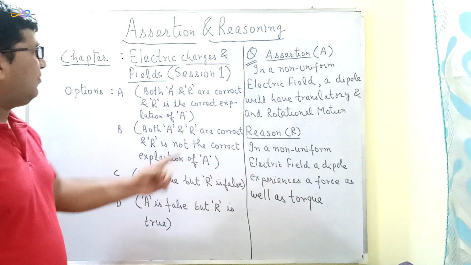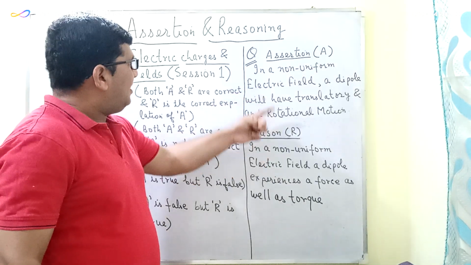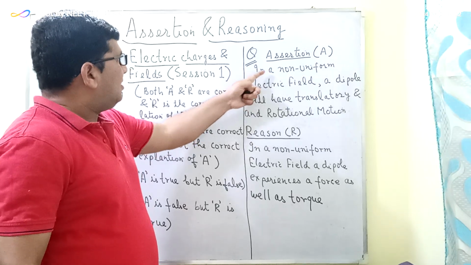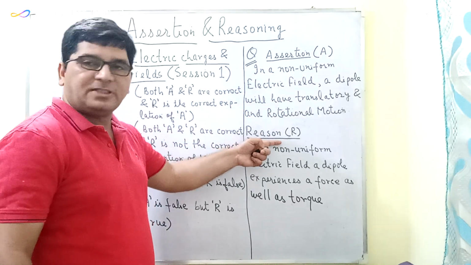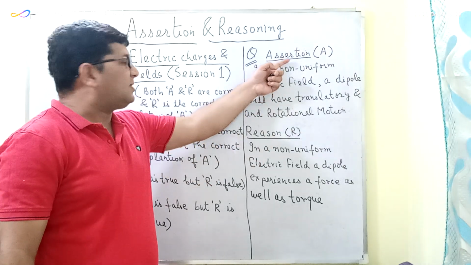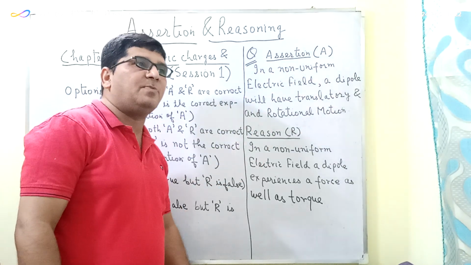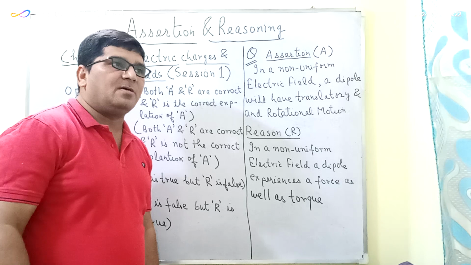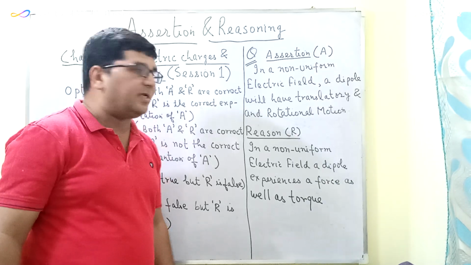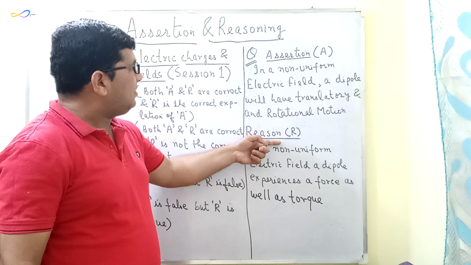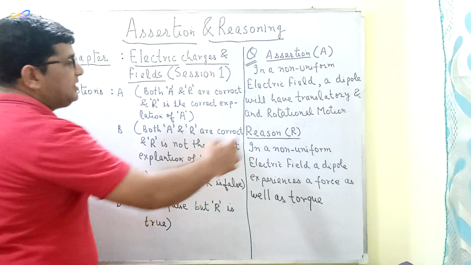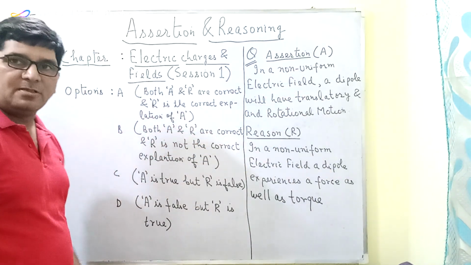So here I have taken one question in which the assertion is given and the reasoning is also given. Now what is an assertion? An assertion is basically a statement which we strongly believe in, and the reasoning is the explanation for this assertion.